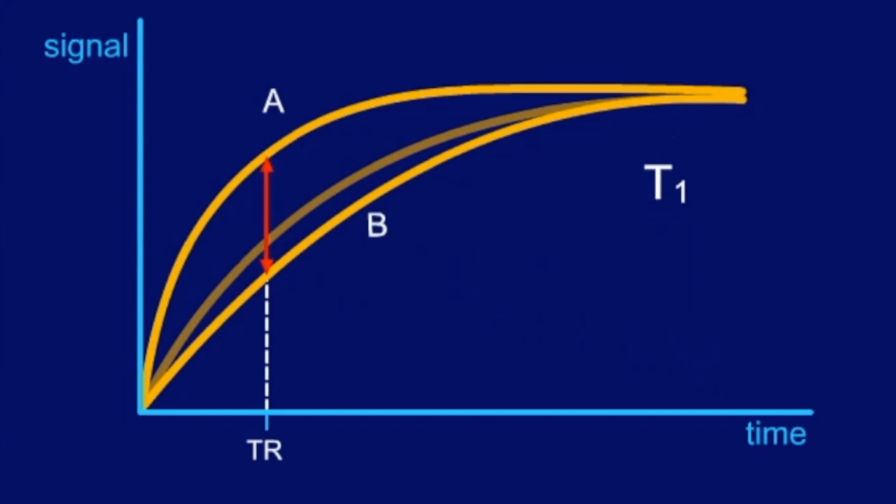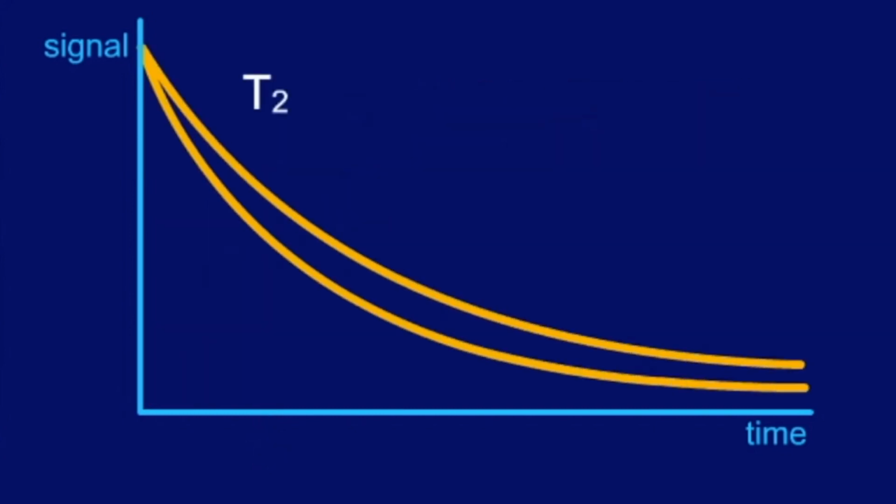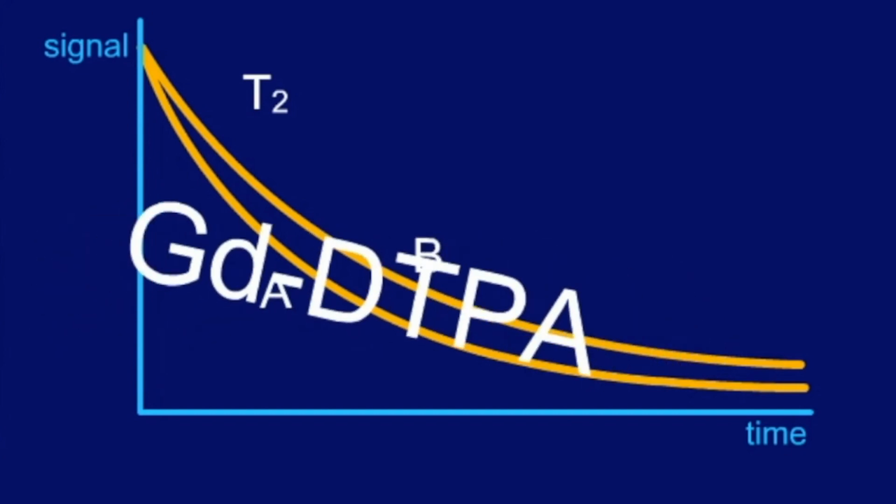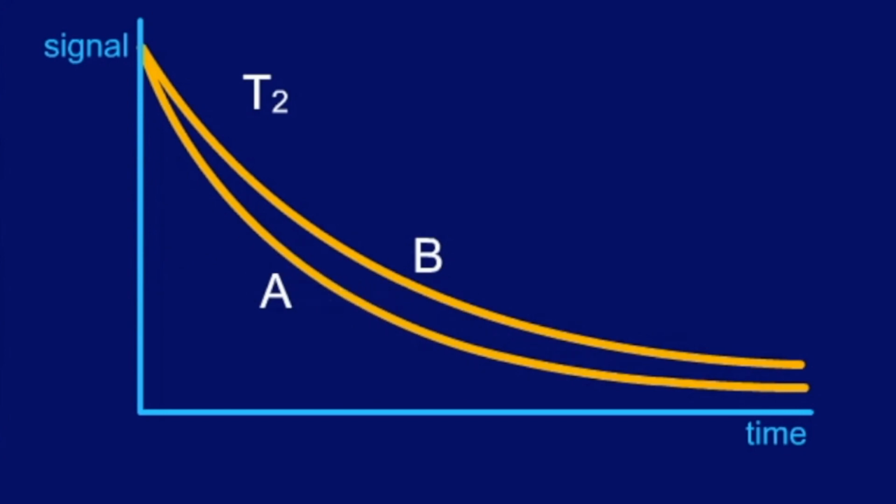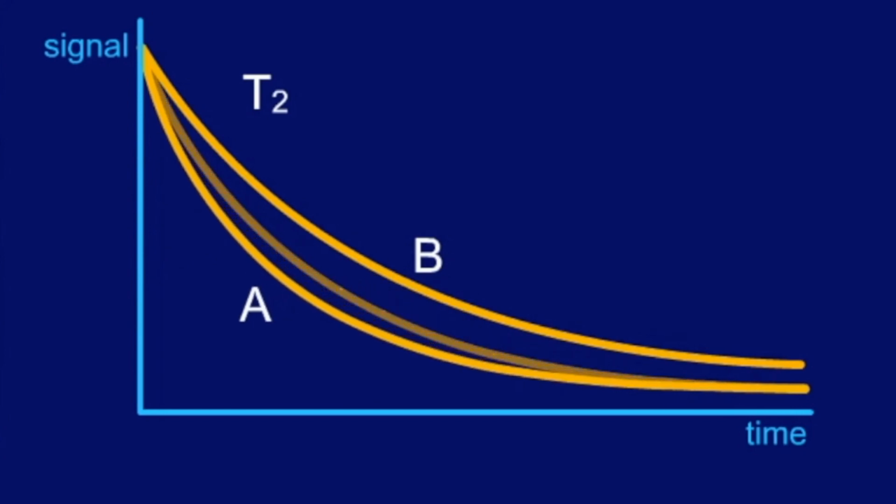What happens when we perform a T2 weighted examination after contrast medium application? These are the T2 curves of tissue A and B. As we have just heard, the contrast medium shortens T2 of tissue A, which is entered by the contrast medium, shifting the T2 curve to the left.